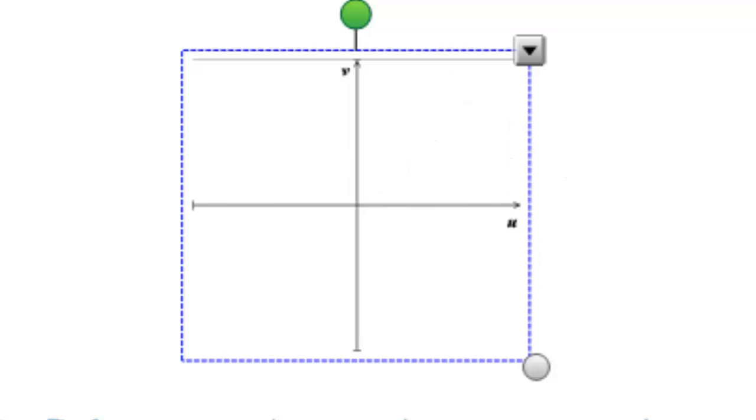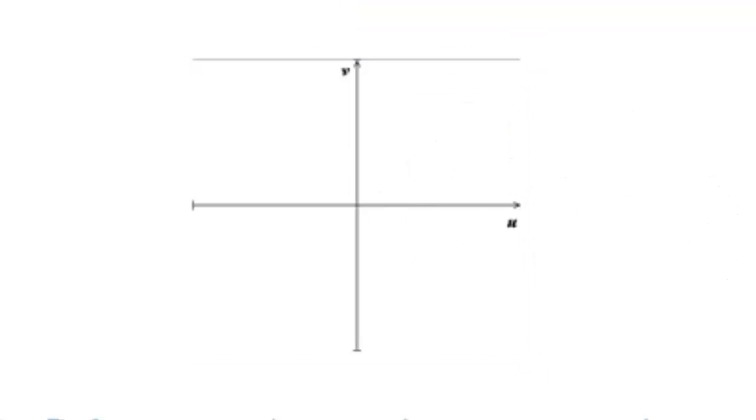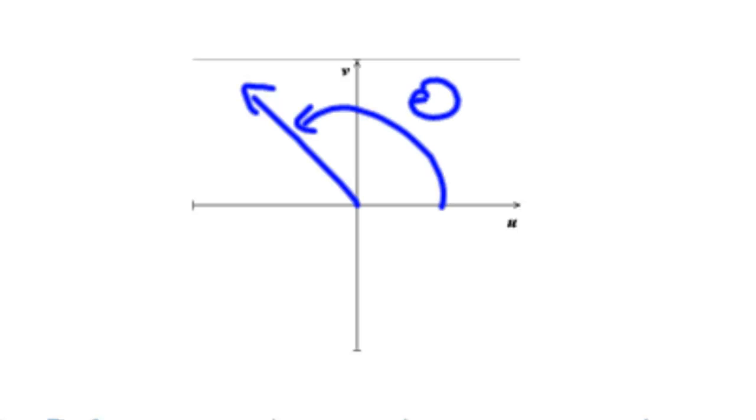For an angle in the second quadrant, so this is my original angle, the reference angle is the acute positive angle between the horizontal axis and the terminal side. So the acute angle here is right here. There is my reference angle for the second quadrant.